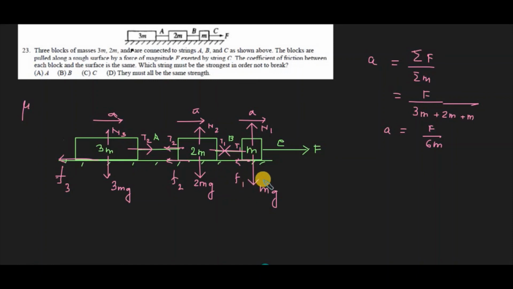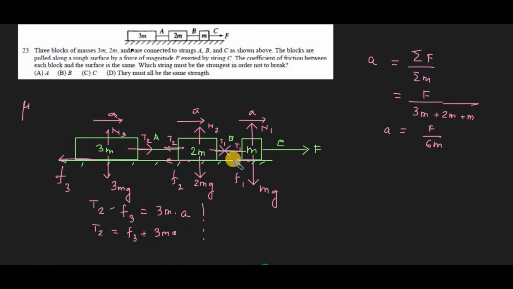Now considering the equations of motion from Newton's second law, for the 3m block the net force is T2 minus F3, equal to mass times acceleration, 3m times a, which means T2 equals F3 plus 3ma.